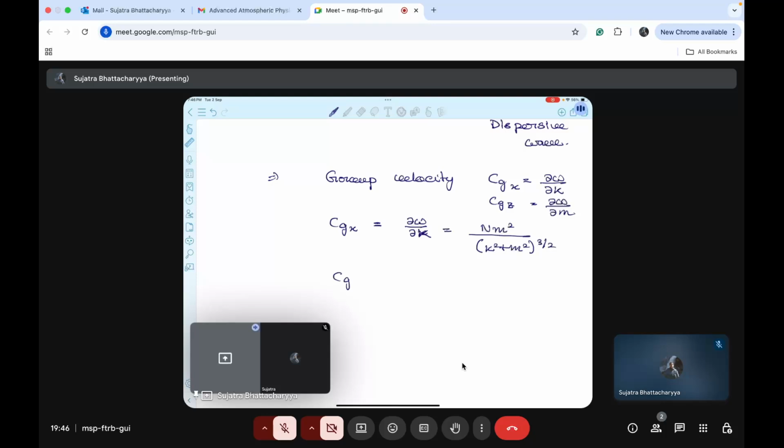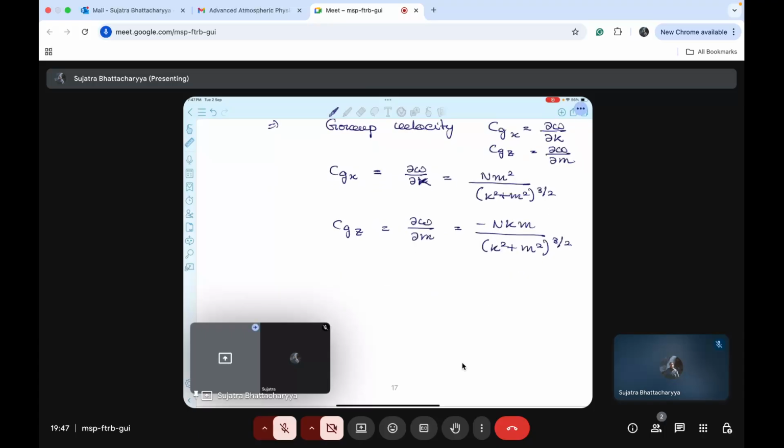Similarly, Cgz, delta omega by delta m, is minus nkm divided by (k square plus m square) to the power 3 by 2.